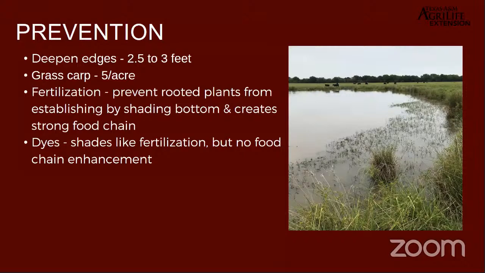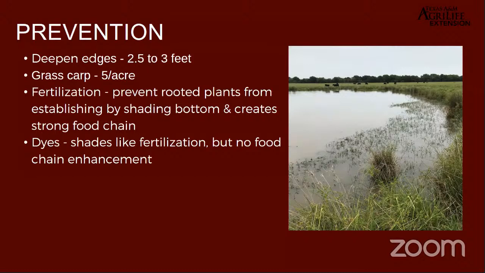Fertilization, this is a big one, and surprisingly, a lot of people haven't heard of fertilizing their ponds. This is different than fertilizing your terrestrial systems. You want to find a fertilizer that is actually high in phosphorus. And so overall, what this does is this prevents rooted plants from establishing by limiting the amount of light that reaches the pond bottom.